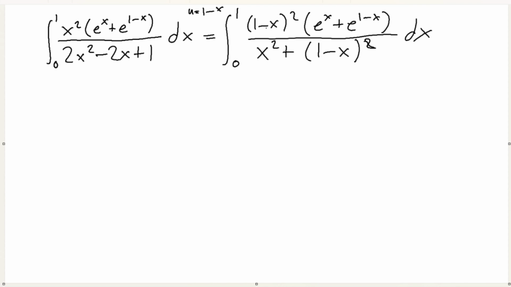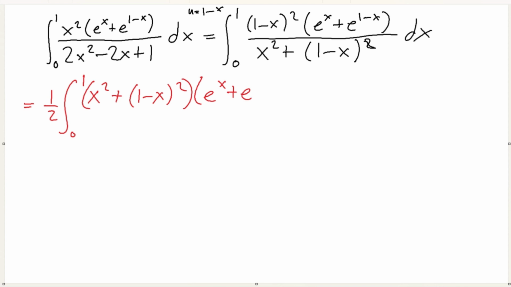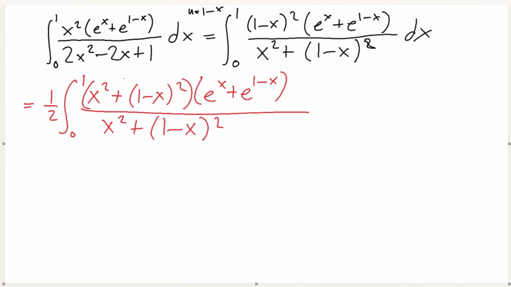If we add these two, we're factoring out this portion here. So we add them together, I'm going to put a half, and notice that we have x squared plus 1 minus x squared. I'm just factoring this portion out of the way, and this denominator equals this, and then of course this portion cancels out.